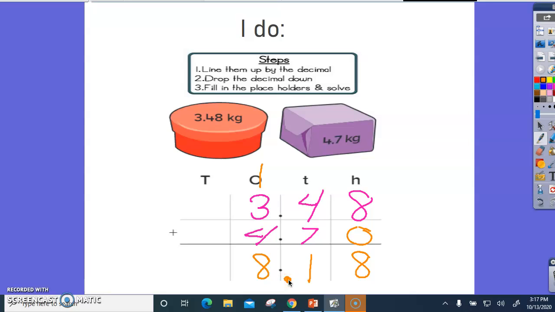I made it there so that you can see that it has lined up. You just drop the decimal all the way down. So your total would read 8 and 18 hundredths. Again, you don't have to write this one down. This is a model one. But if you need to, you can pause the video there and go ahead and write that one down.